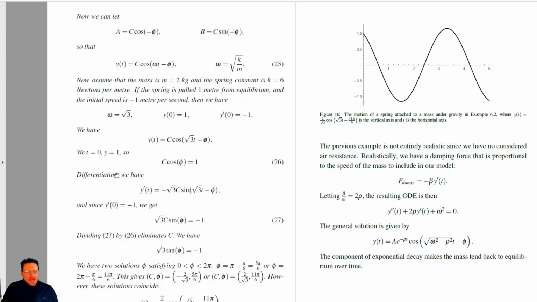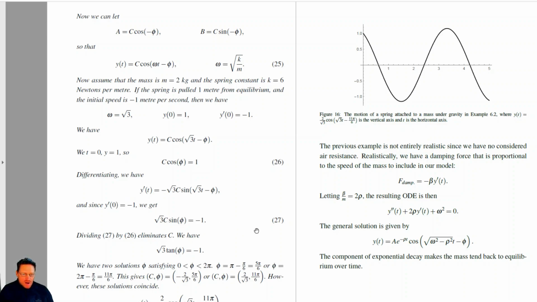So differentiating, we have y dash is equal to minus root 3 c sine of root 3 t minus phi. And since y dash of 0 is minus 1, we then get root 3 c sine of phi is minus 1. Subbing in 0 for t and minus 1 for y dash there.